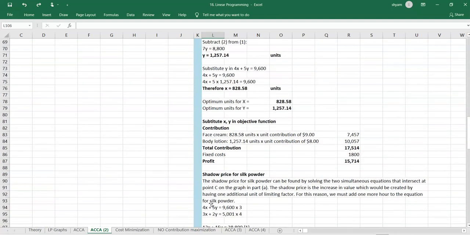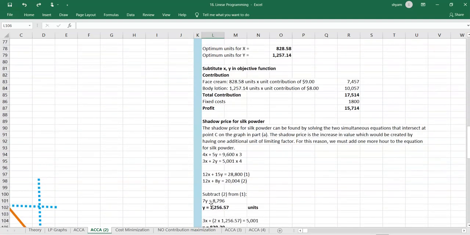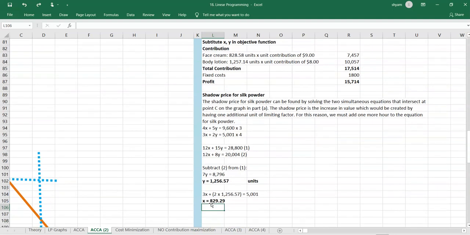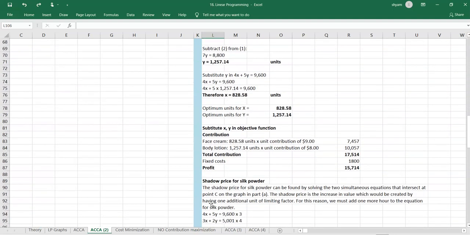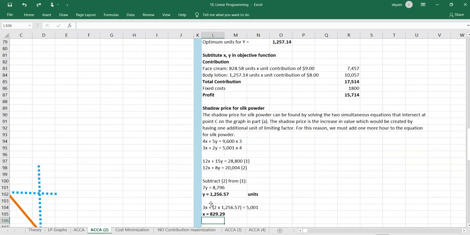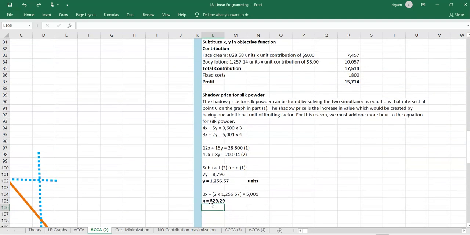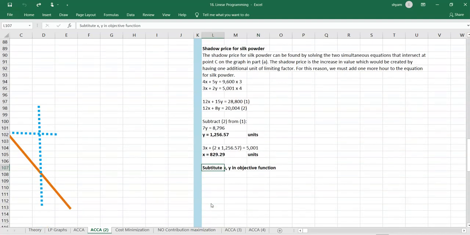Earlier x was 828, now it is 829. 1 unit has increased. Earlier y was 1257, now it is 1256. This has gone down. You don't need to worry about that, because overall this will increase your contribution. Let's see how this increases the contribution.